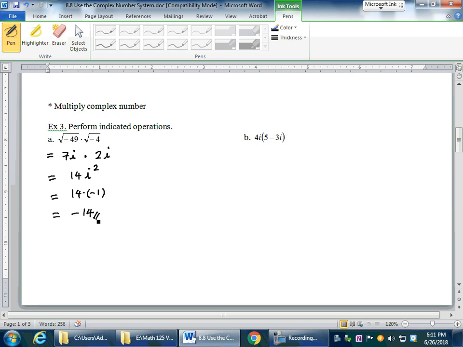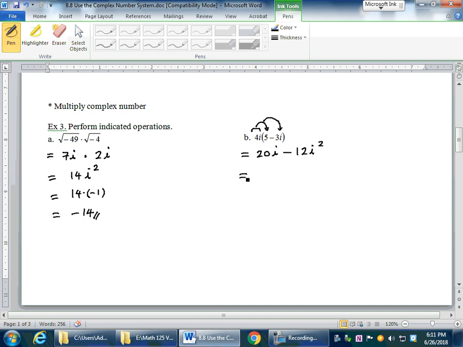Next, we're going to distribute this imaginary part of a complex number to another complex number. This becomes 4 times 5 is 20i, minus 4 times 3 is 12i to the second power.